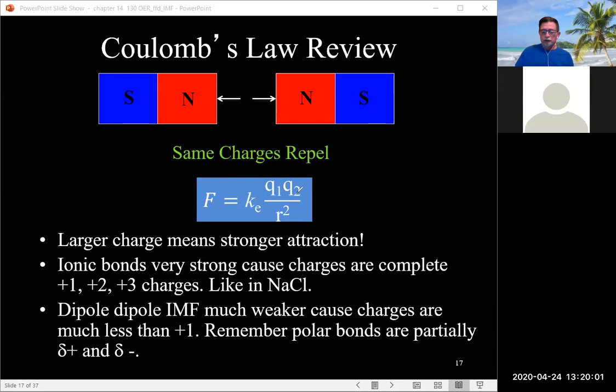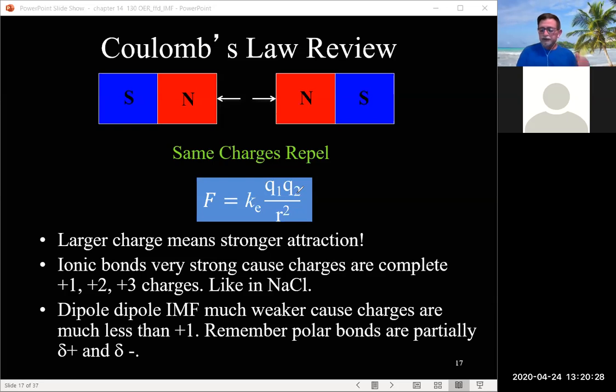So let's say, for example, we got Q1 is equal to 1, Q2 is equal to 1, K is constant, whatever that value is, and R is 1 unit of distance apart. So we plug in the numbers, you get 1 times 1 divided by 1. Obviously, force is equal to whatever K is, okay?